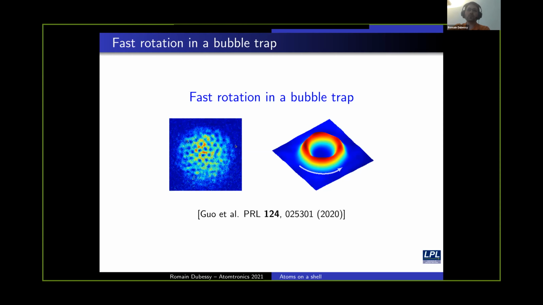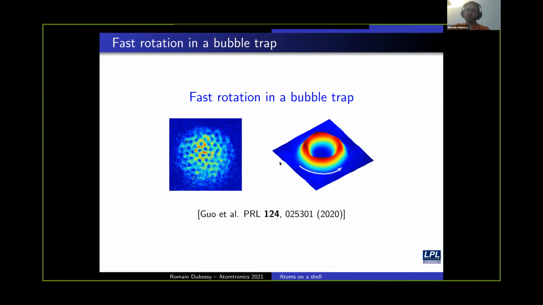What's interesting about rotation with Bose-Einstein condensates is that it is well known that they admit rotation by nucleating vortices, and we can, in the experiment, see the vortices by letting the gas expand and taking a time-of-flight picture from the top view and seeing all these points where the density vanishes inside our gas.